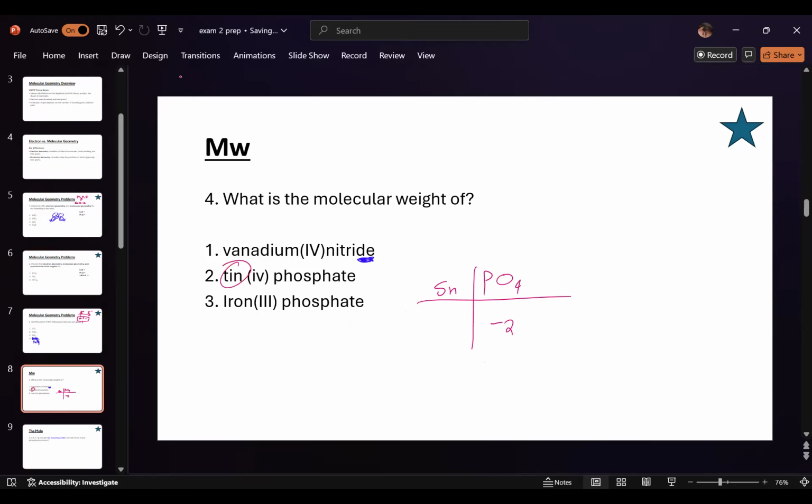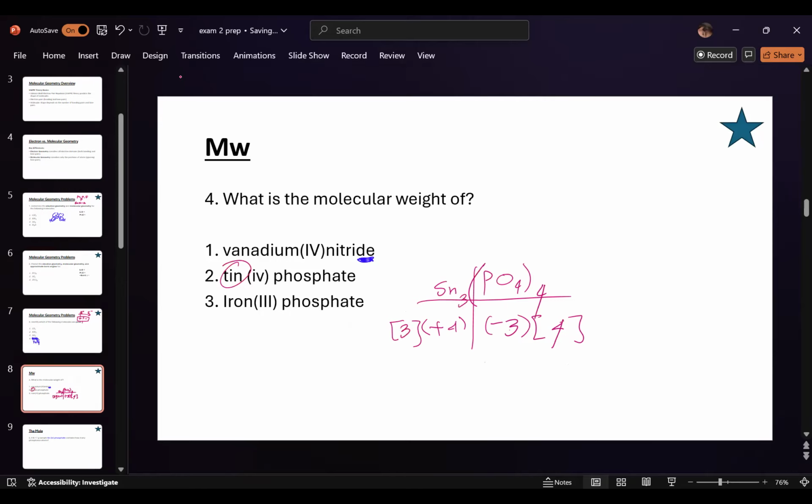Then you have tin with a charge of plus 4. You write the charges in parentheses. Then the amount will just be in brackets. For phosphate, it will be 4, so you will do parentheses 4. And for tin, it will be 3.